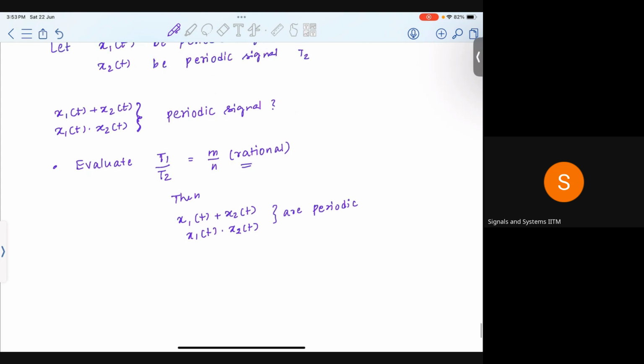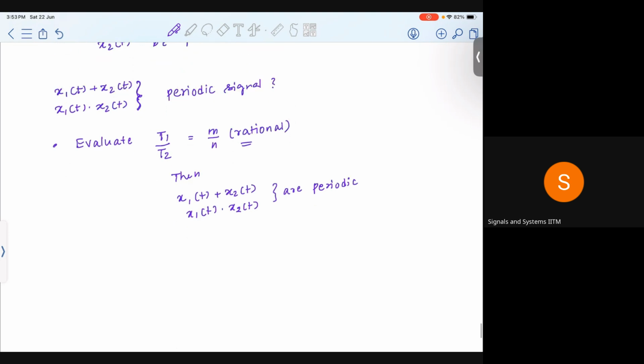And how do you find the fundamental period for this manipulated signal? The fundamental period T of x1 of t plus x2 of t, or x1 of t multiplied with x2 of t, is simply the LCM of T1 comma T2.